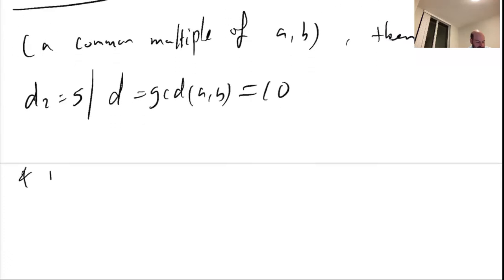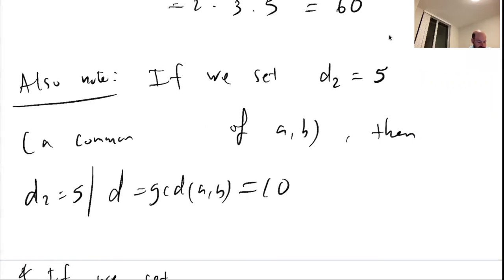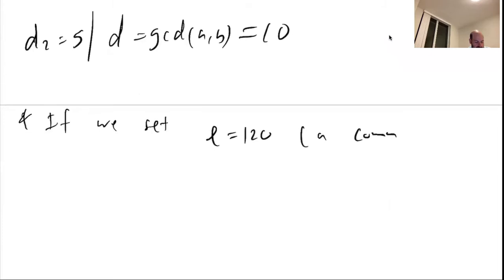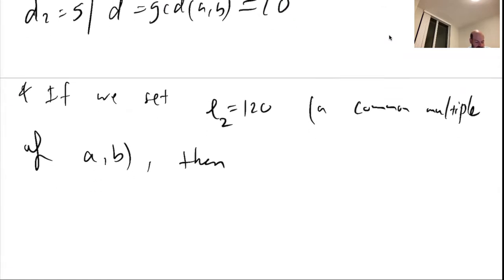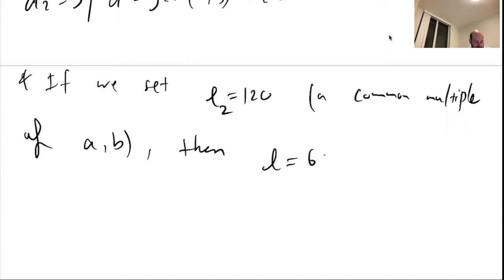And if we set, let's say, L2 equals 120, a common multiple of A and B, then we can say that L equals 60 divides L2 equals 120.